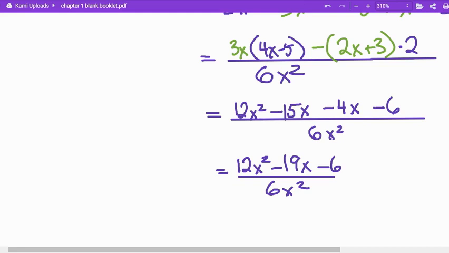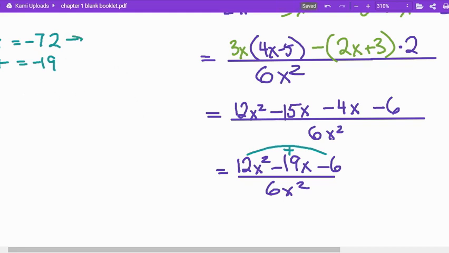Let's check. I don't know if we can, but we're always going to check if we can factor this trinomial. For that trinomial, I'm looking for numbers that add up to negative 19 and multiply to negative 72.